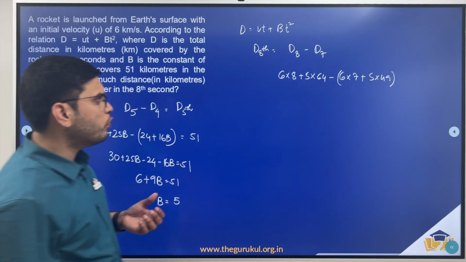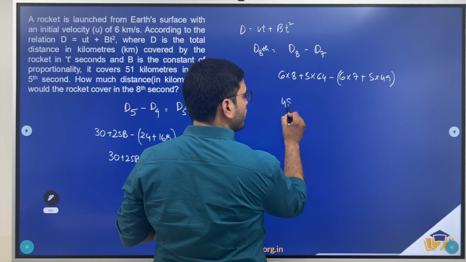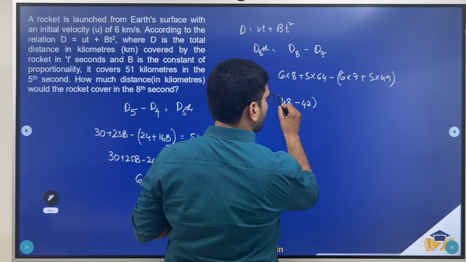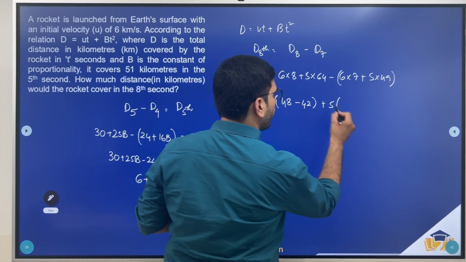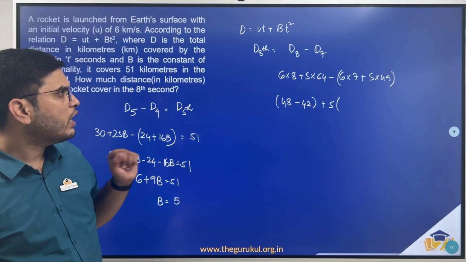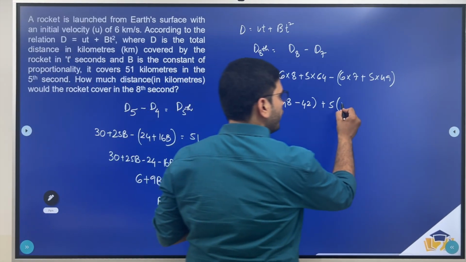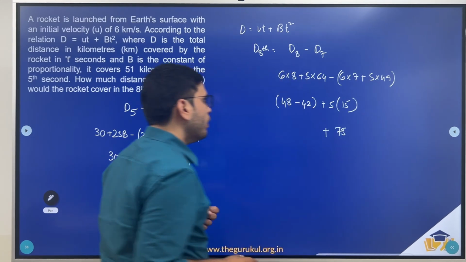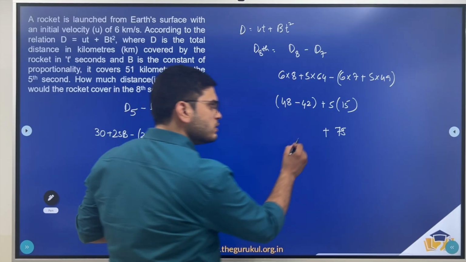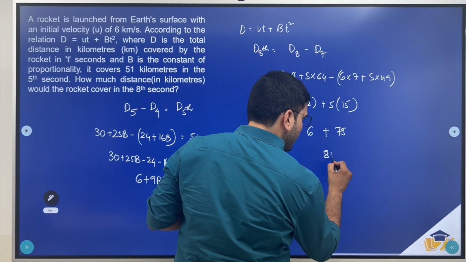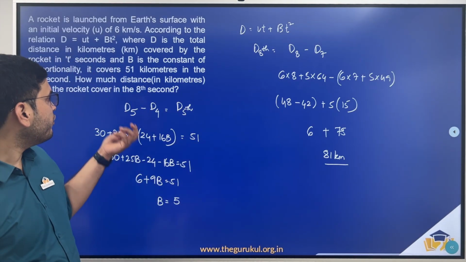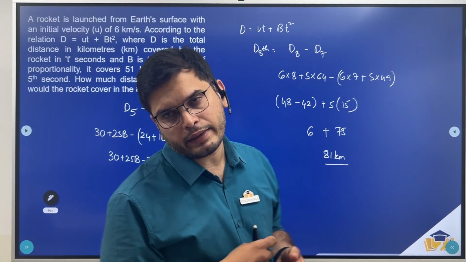Right. Now this would be 6 into 8, 48, minus 6 into 7, 42, plus, if I take 5 common, 64 minus 49. Now what is 64 minus 49? 15. Now 5 into 15 is 75, plus 48 minus 42 is 6. 6 plus 75, 81 kilometers should be the answer to this question. Right, 81 kilometers is the distance traveled by the rocket in the 8th second.